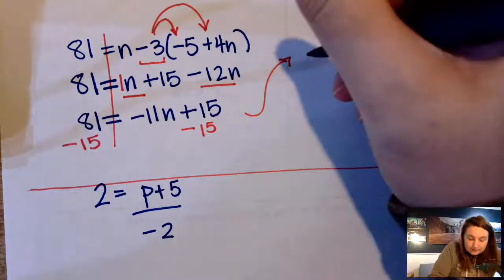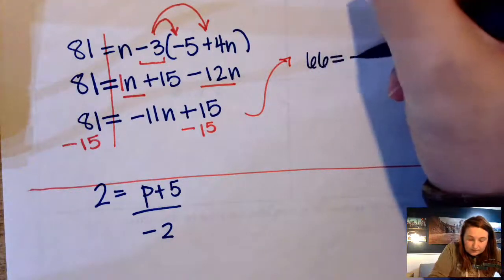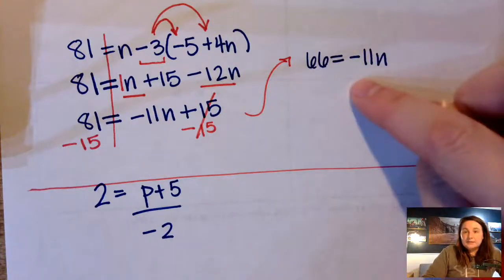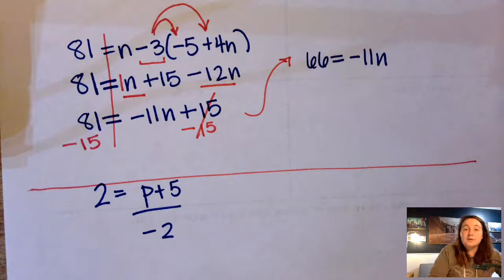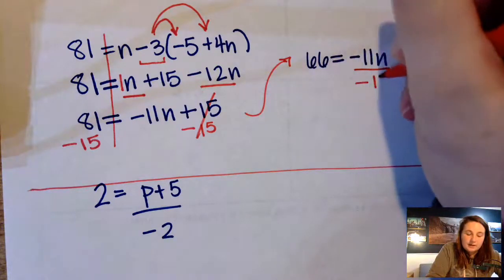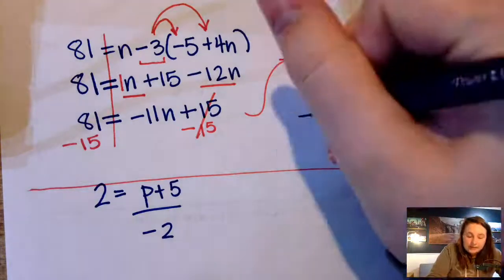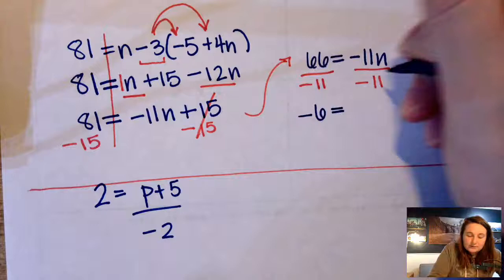So I get 66 equals negative 11n. And then since these are squished together, they're being multiplied, and to undo multiplication, we use the inverse of division. And so we get negative 6 equals n.